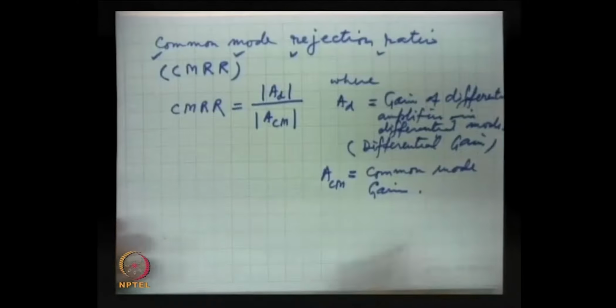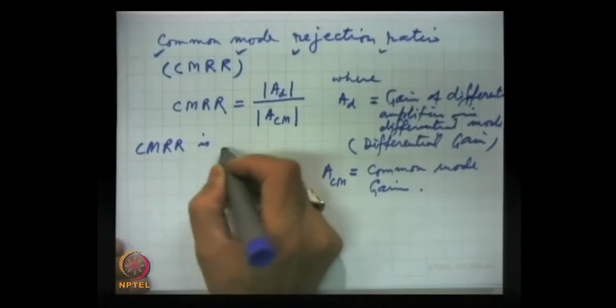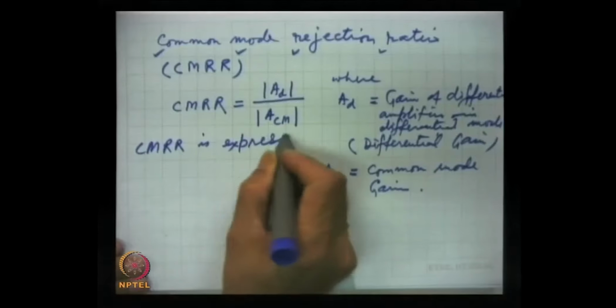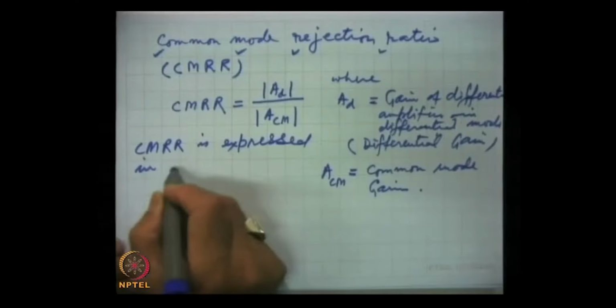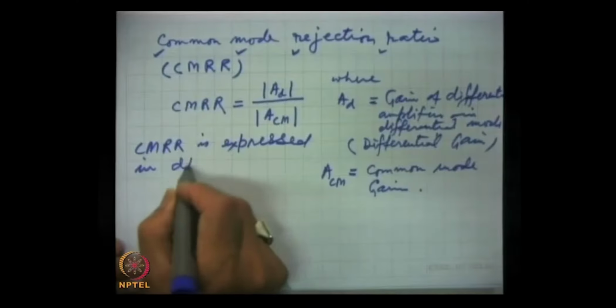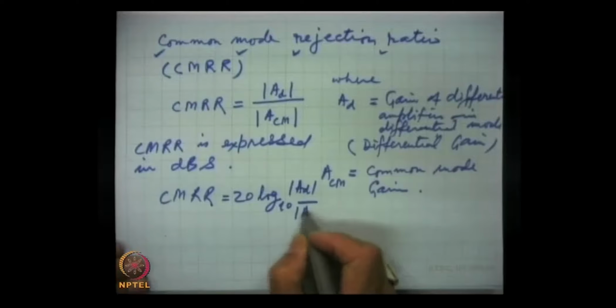So this ratio gives CMRR, and normally the common mode rejection ratio is expressed in decibels, in dBs, and then CMRR is equal to 20 log base 10 of AD by ACM.